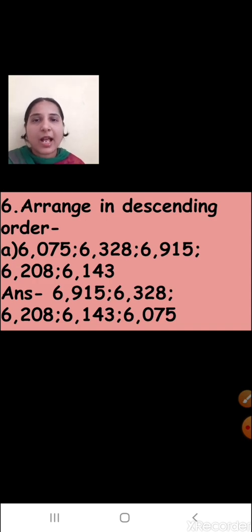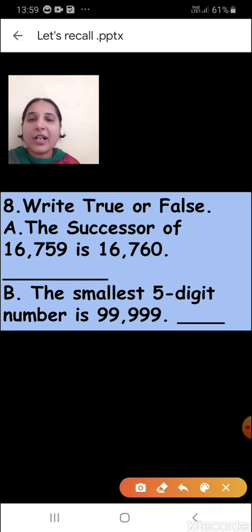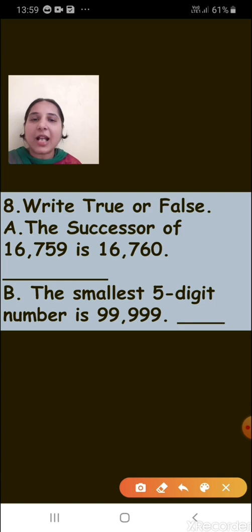Okay. Now let's see whether true or false, and you have to answer. So the first one is, the successor of 16,759 is 16,760. Is it correct? Successor means you have to say the number which will come just after that given number.